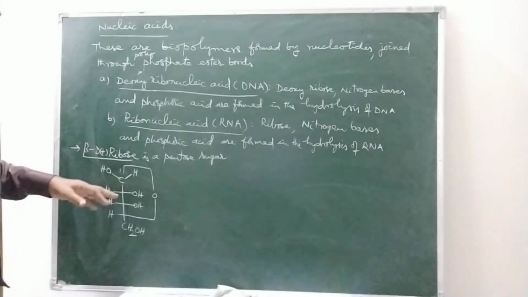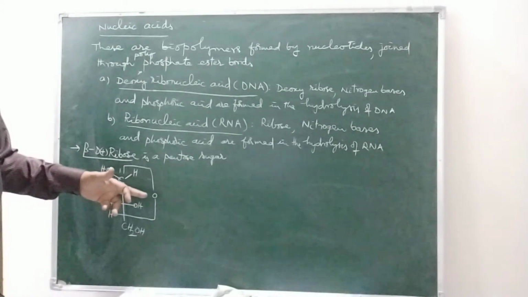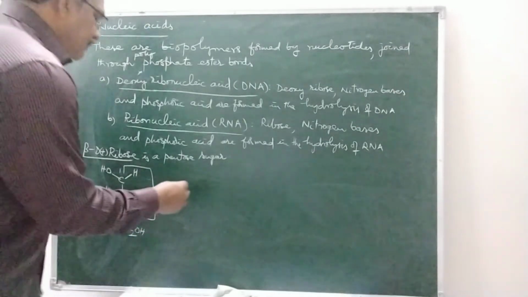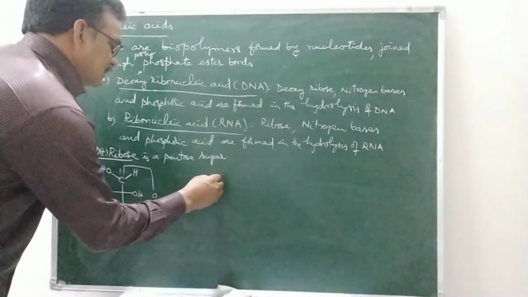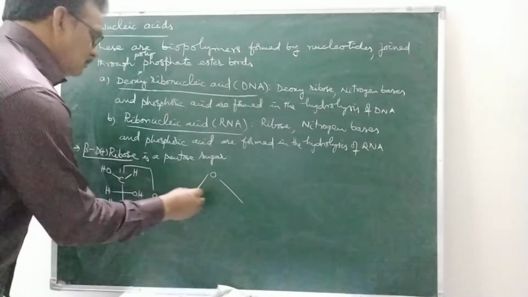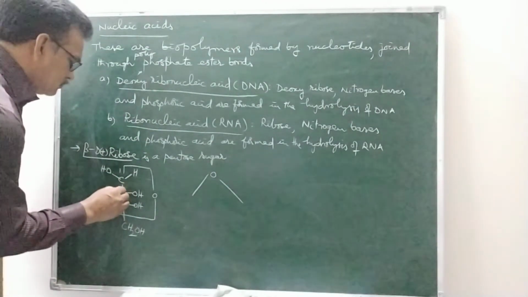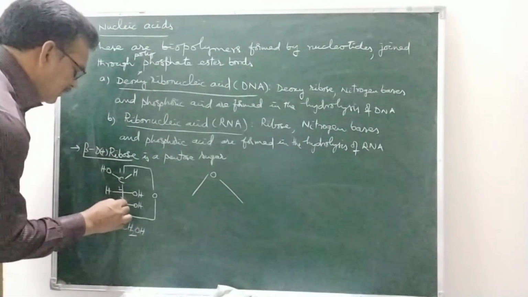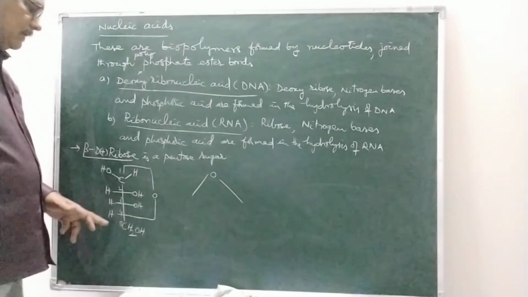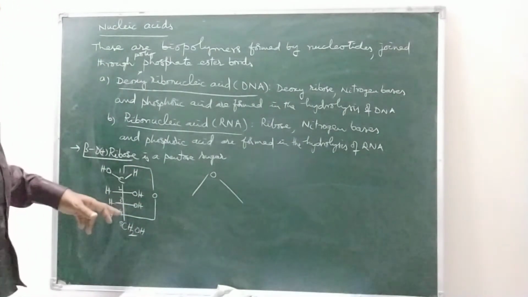So this is the cyclic structure. This can be expressed in the furanose structure, or Haworth structure. So beta D ribose can be written with oxygen in the cycle.